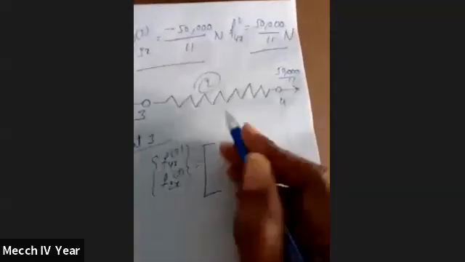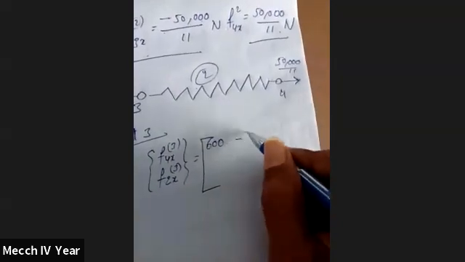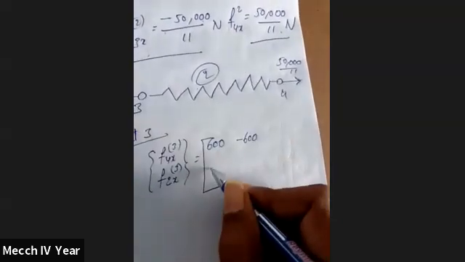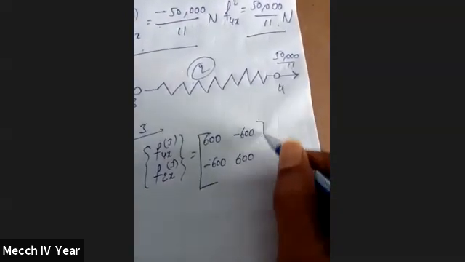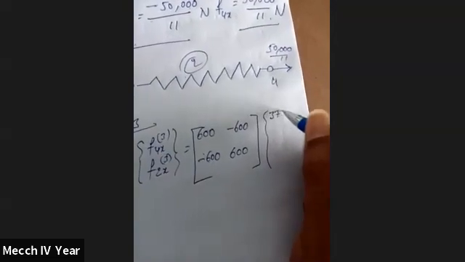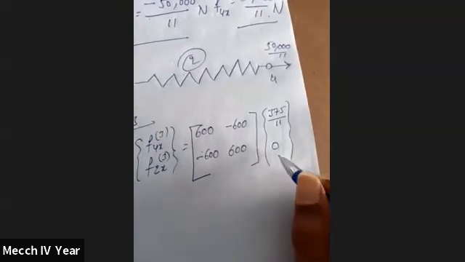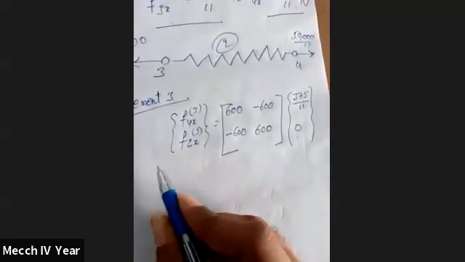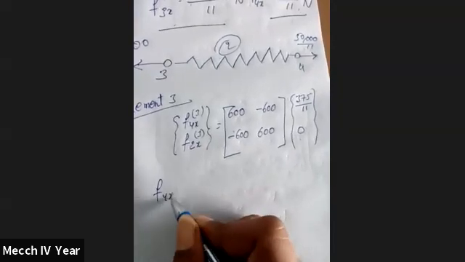So I'm going to take this equation and write here 600, minus 600, minus 600, 600. Then you know very well the value of U4. U2 is 0. We are going to apply the boundary condition, U2 is equal to 0. So simplify this, we will get the answers here.